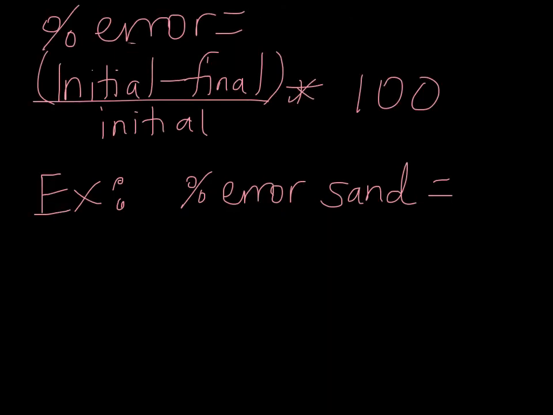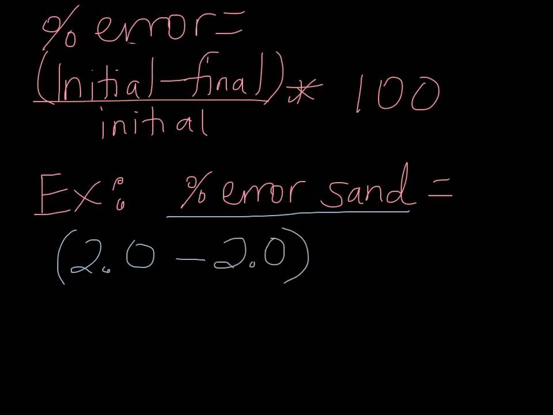Okay, so once you've found the final mass of both salt and sand, you need to find the percent error. So I'm going to do an example of finding the percent error of sand. My initial amount of sand was 2 grams. On a couple of slides before this, I found out that my final mass of sand was also 2 grams. Some of you may have a number that's a little bit smaller than this, and that's okay.